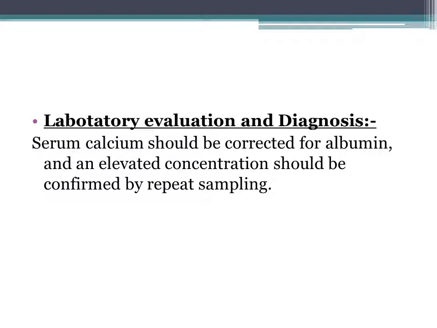How to evaluate laboratory for hypercalcemia? When we do laboratory evaluation for hypercalcemia, we must do correction of serum calcium for albumin, and an elevated concentration should be confirmed by repeated sampling.